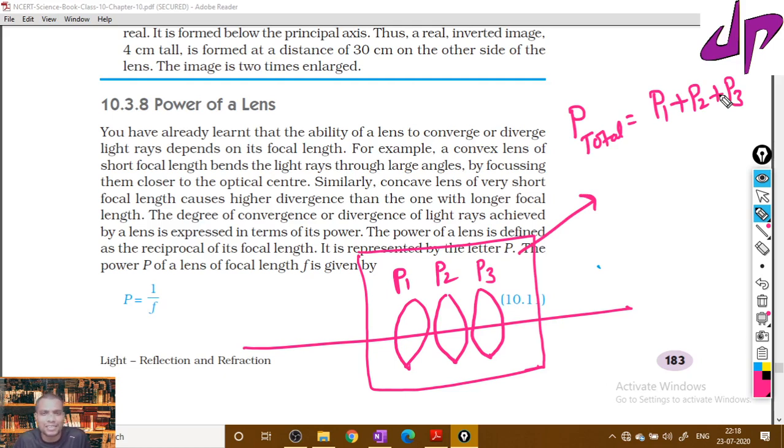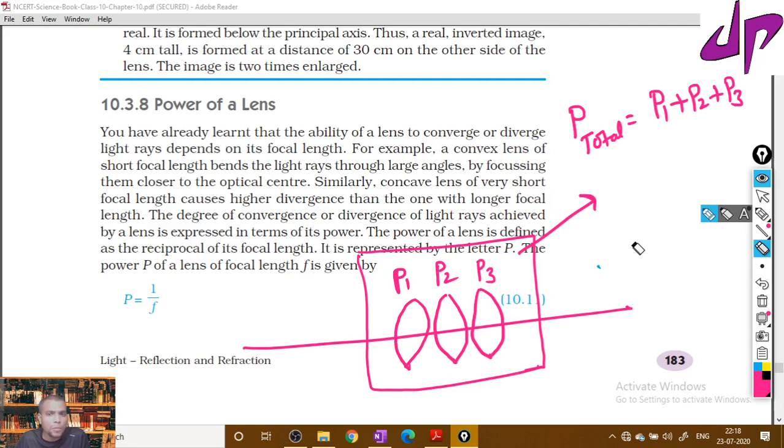Notice that our mobile camera has multiple lenses, more than two, each with a different focal length and therefore a different power.